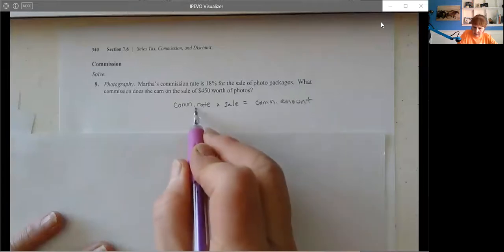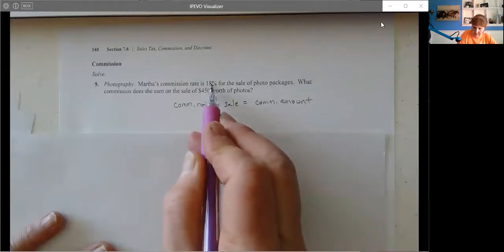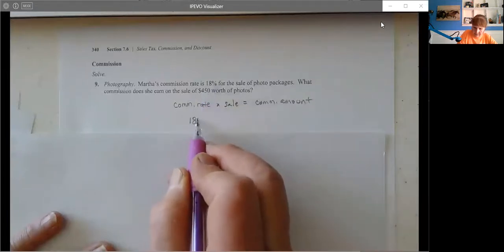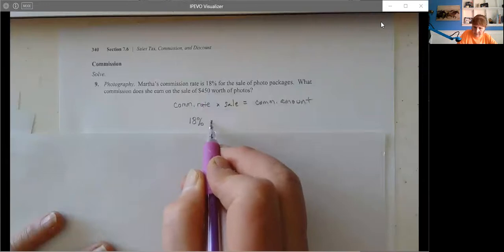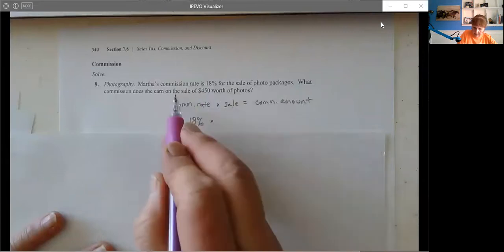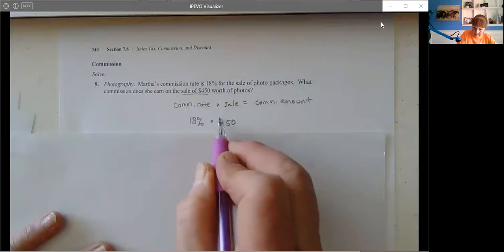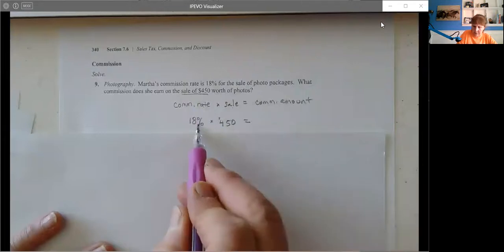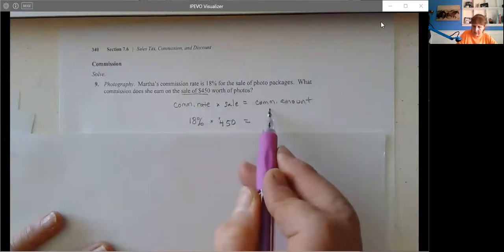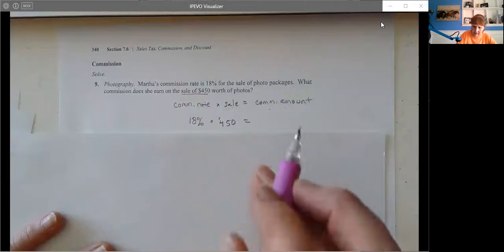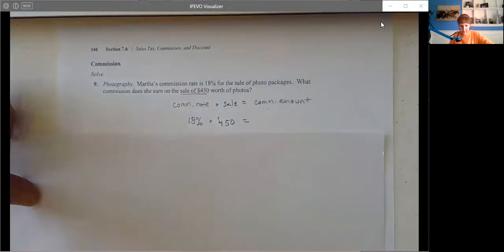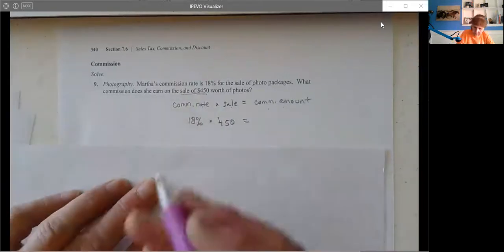All right, so the commission rate, 18%. Just start filling it in. Times the sale of 450. If I multiply those together, I'll get the commission amount. The commission amount's already by itself, so I don't have to do any algebra.